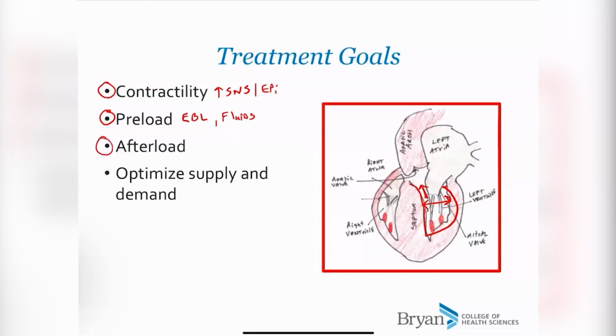Our afterload we want to look at because, again, decreases in afterload, decreases in blood pressure cause those big dramatic changes between the chambers, which then increases the velocity of flow across the aortic valve, which then again pulls that mitral valve leaflet over that direction. So we want to sometimes tighten people up just optimally enough to get diastolic pressure so that our coronaries can get flow, and optimize supply and demand for our coronaries.